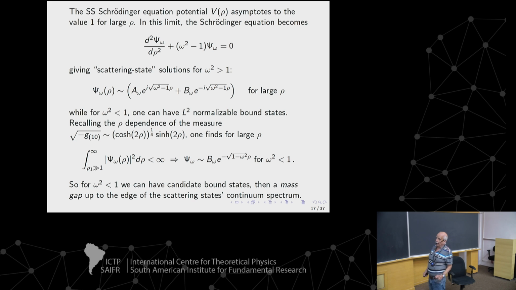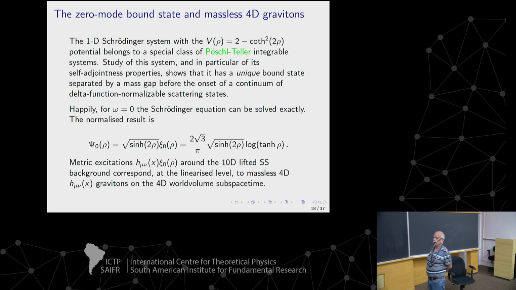Okay, so you can have a candidate bound state, and you know where to look, where this separation variable omega squared has to be less than 1. And if you can find one, then you can have a mass gap before the onset of the continuum. And in fact, that's what happens here.